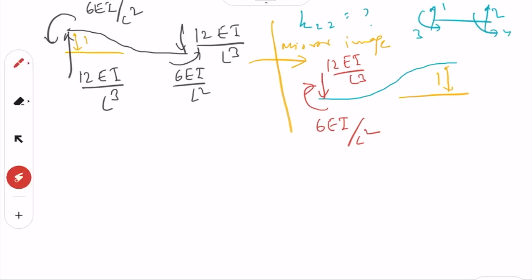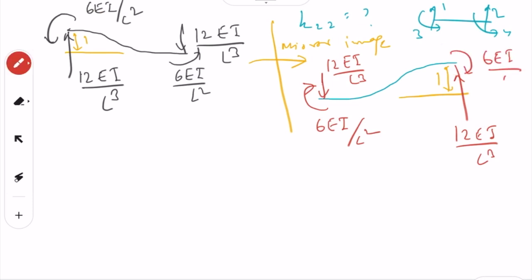Then this force upward remains the same, which will be 12EI over L cube, and then this is anti-clockwise, so we will get the clockwise one. Clockwise, this will be 6EI over L square. So this is how we will get, yeah.